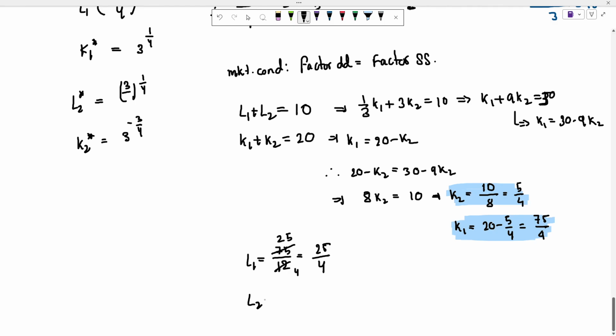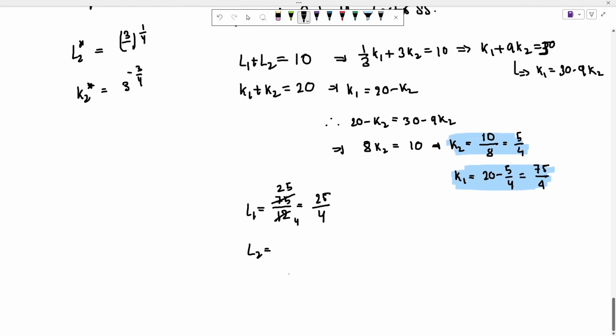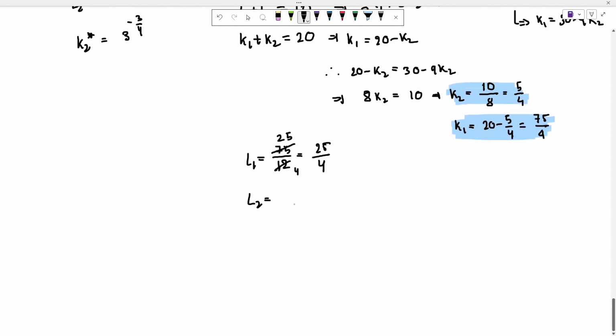And L2 would be just 3 times K2, so it would be 15 by 4.